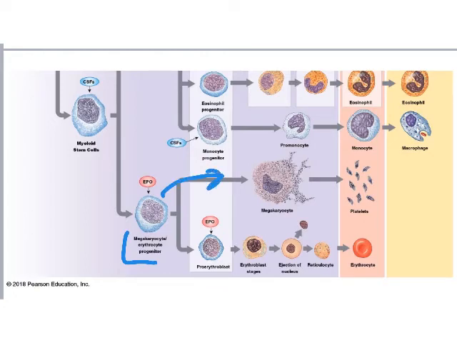That's pretty simple. If it turns into the pro-erythroblast, you don't have to learn that term, then it's going to form a red blood cell, and we call red blood cells erythrocytes, right? Erythro means red, cyte means cell, so that's a red cell. And for the red blood cell, I also want you to learn that immature precursor cell. Just before it becomes a mature red blood cell, it's called a reticulocyte.